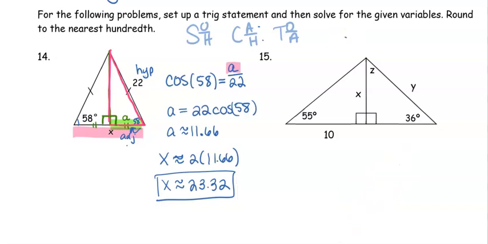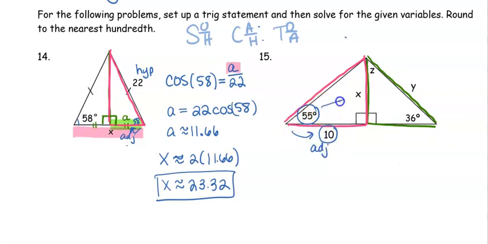Next we have our overlapping triangle. We have these two, so we've got a green triangle and we've got a pink triangle. We're going to decide where to start based on where I have the most information. So I'm going to start here on the left because I have 55 and I have 10. This is my reference angle. 10 is adjacent because it is next to.